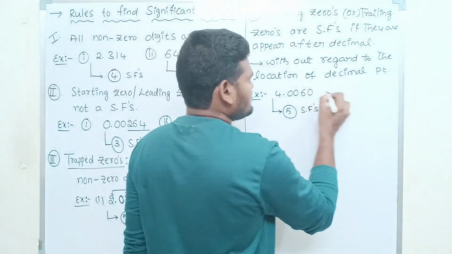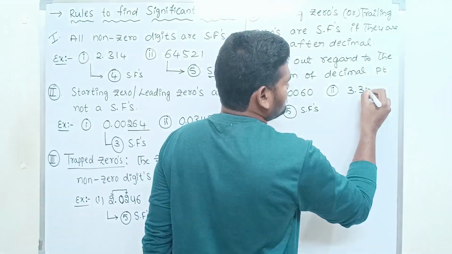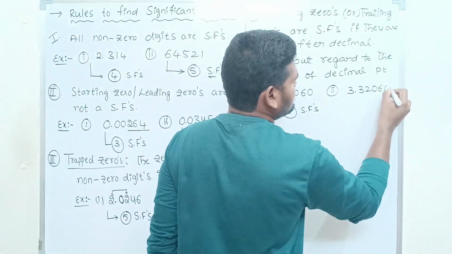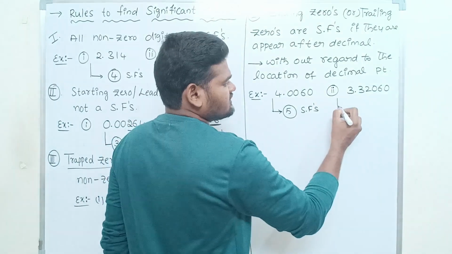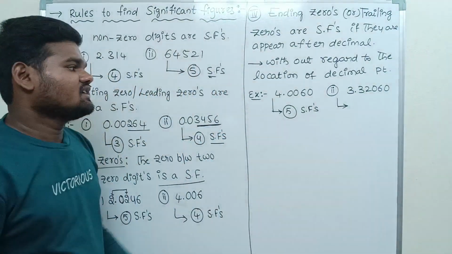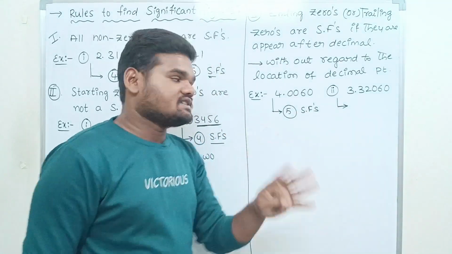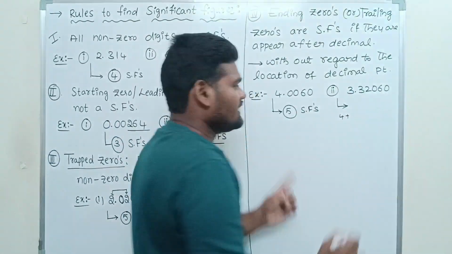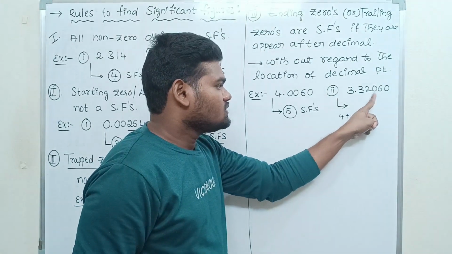Right. So see the second one, 3.32060. How many significant figures are there? Try once. See, 1, 2, 3, 4 non-zero digits. They are significant. Any trapped zero? Yes, here one trapped zero is there. This zero is in between 2 and 6.